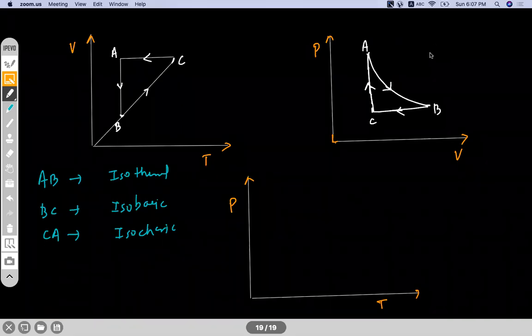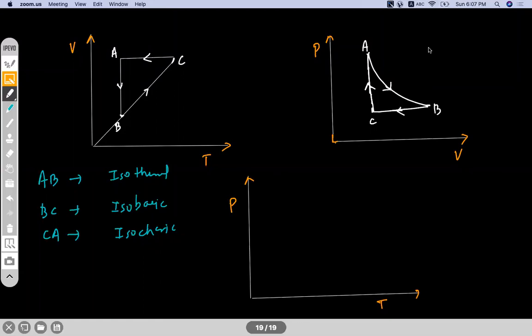C to A will have constant volume. Constant pressure we have B to C. If it is up, then A should be down. Acha. If we take this as C, this is A, this is B.